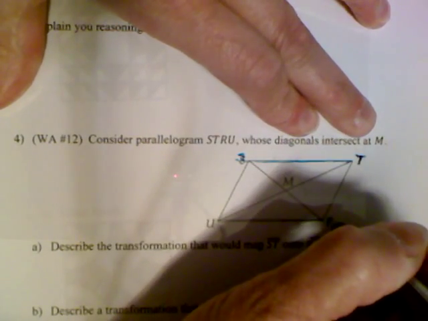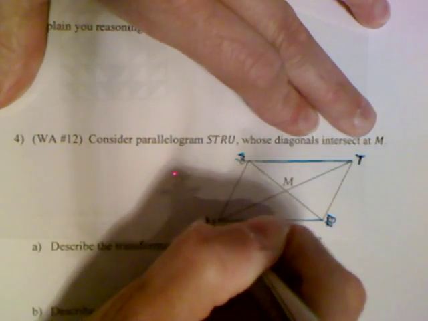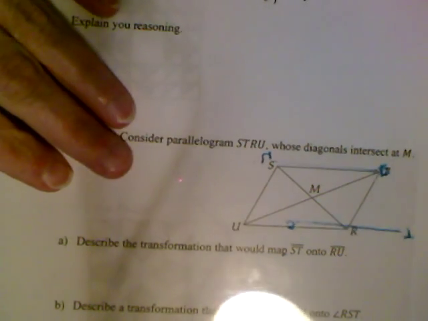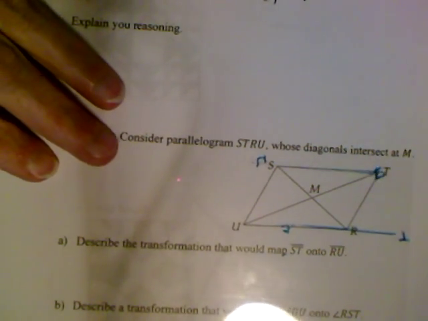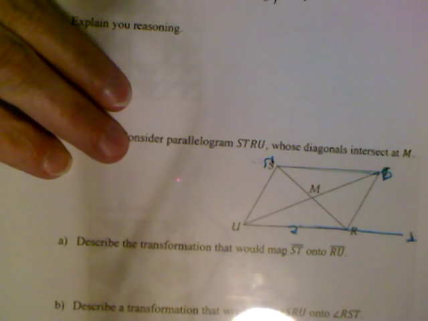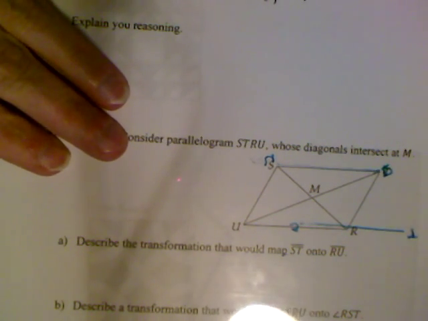So this is ST, and I want to map it to RU. So how do I get there? Well, if I rotate it, if I reflect it, then notice it's not quite there.